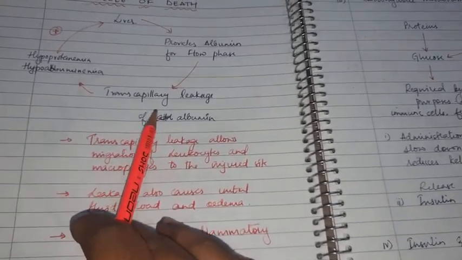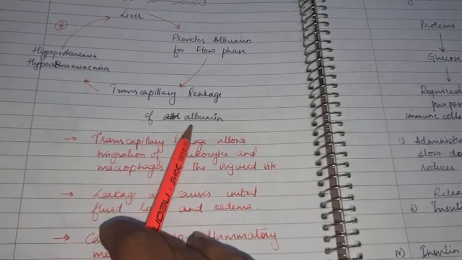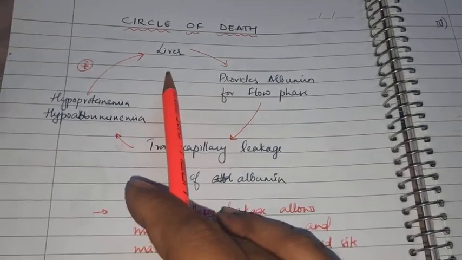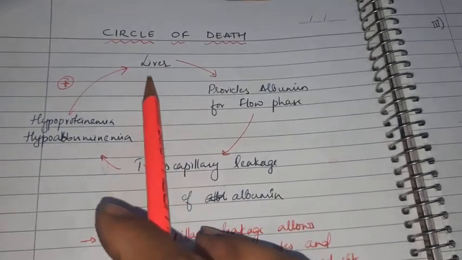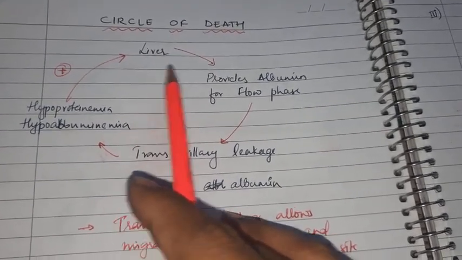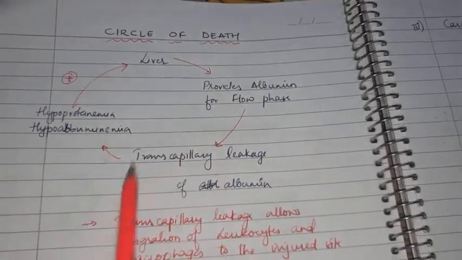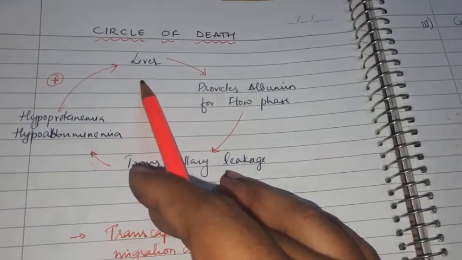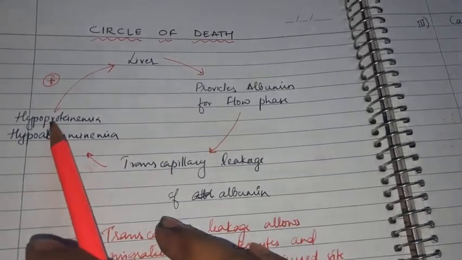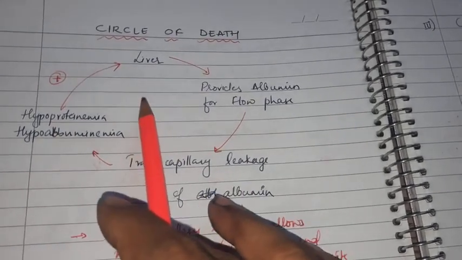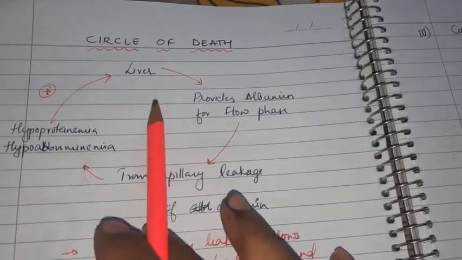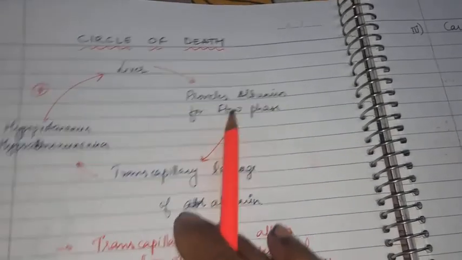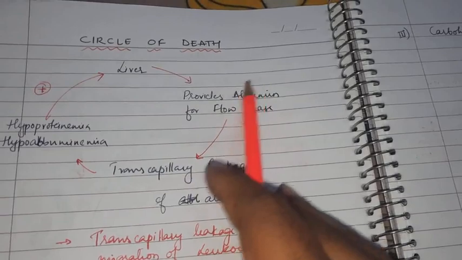So this is the initial mechanism. Here, because of loss of albumin and increased stress on the liver, there may be temporary liver failure in the flow phase, for which we have to watch out. Okay, so instead of putting all the pressure on the liver, as we had talked about the surgical interventions and medical interventions to decrease the stress on body homeostatic mechanisms, this is where we can give external albumin.